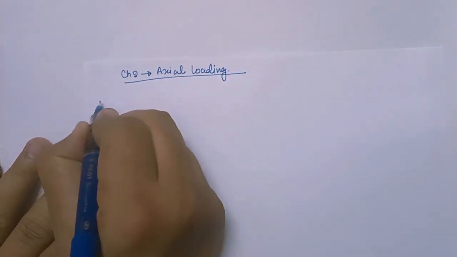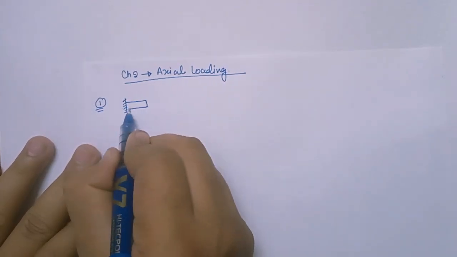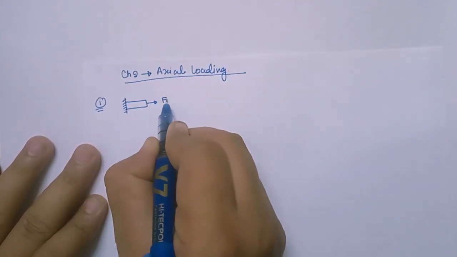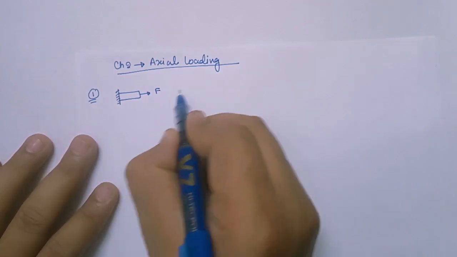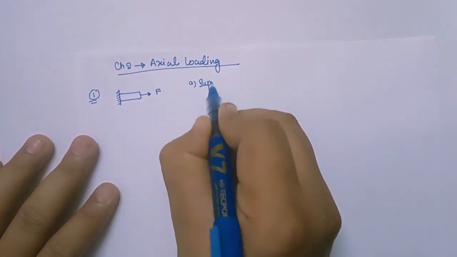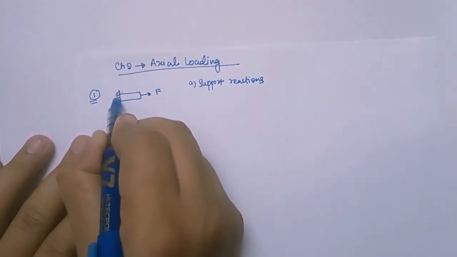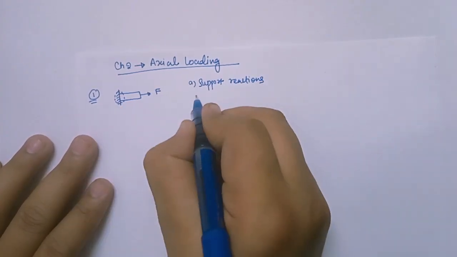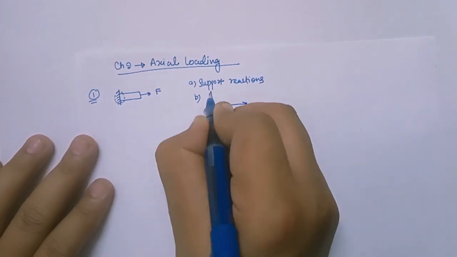Axial loading. So first point, very simple: if I consider a rod and I apply a force here, then I want to calculate the support reactions here, and then in the second part the force-deformation diagram.